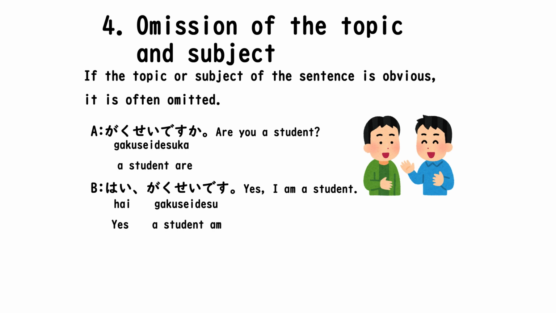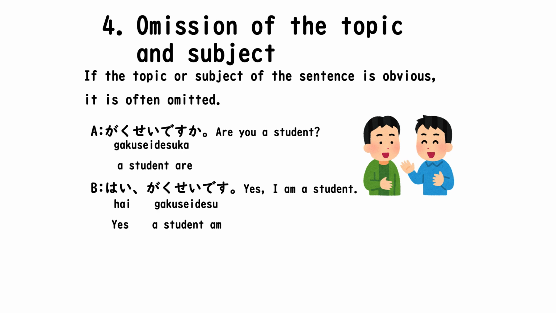Also, looking at the answer sentence, B replies, はい、学生です。Yes, I am a student. Here, B talks about himself or herself, and the topic of this sentence is I. However, the topic I is also omitted in this Japanese sentence.